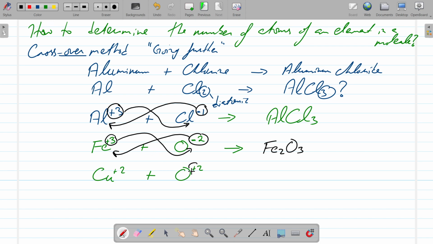Oxygen's minus 2, copper plus 2, right? And so what you're going to end up with is Cu2O2, but that doesn't make sense, right? If they're both 2, you can just have CuO.